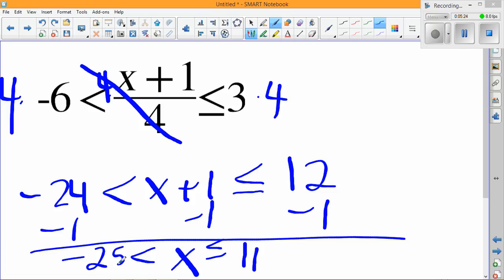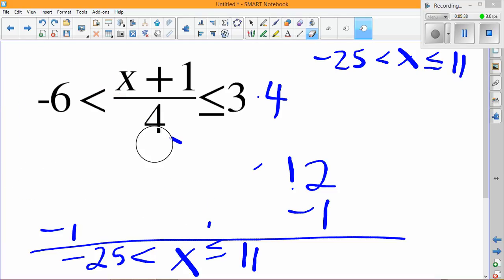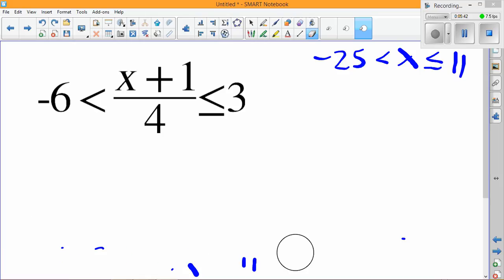So here what I'll end up with is two different inequalities, basically saying that x is between negative 25 and 11.